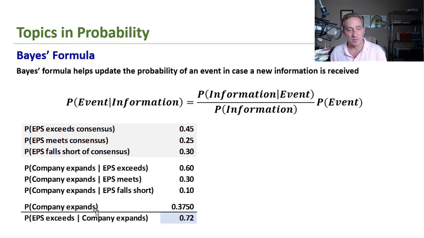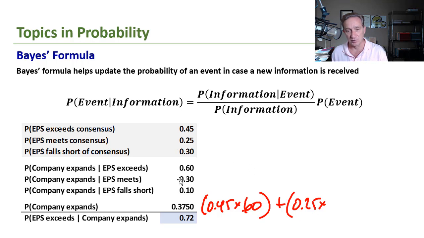The unconditional probability the company expands is simply a weighted average of these three events. 45% probability that EPS exceeds consensus multiplied by the conditional 60% probability that the company expands if it does, plus 25% unconditional probability EPS meets consensus multiplied by the conditional probability that the company expands, 0.3, plus, finally, 0.3 multiplied by 0.1.